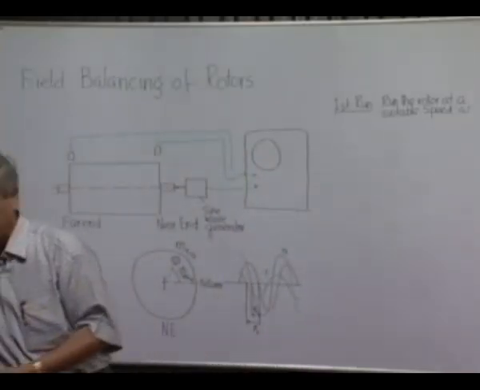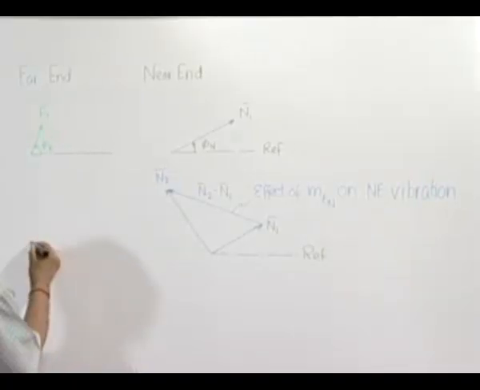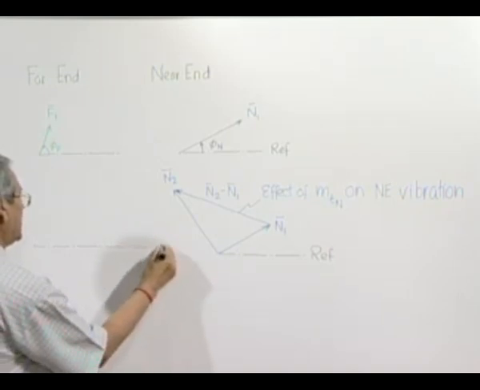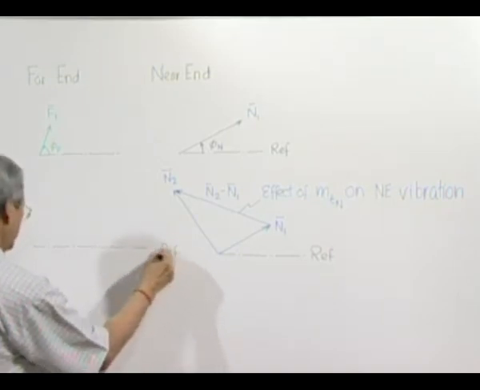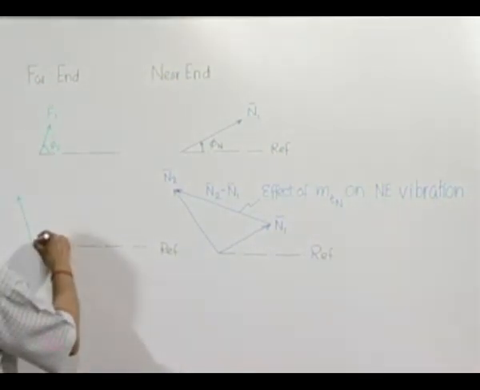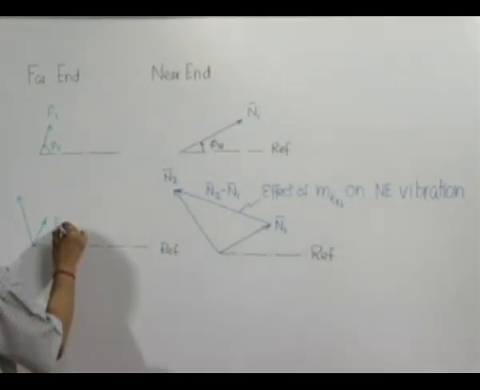Similarly, the vibration measured at the other end, that is the far end, will be something like this. The original vibration without MTN was F1.